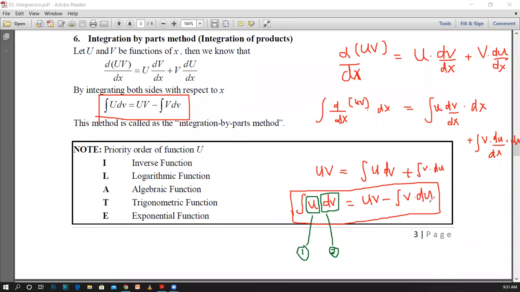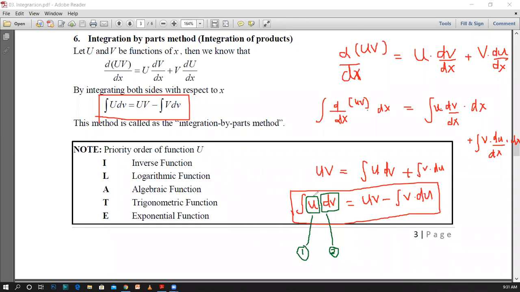When identifying the functions u and dv, you can stick to a concept. It is just a concept, not a strict rule, and according to it you can easily identify the function u.